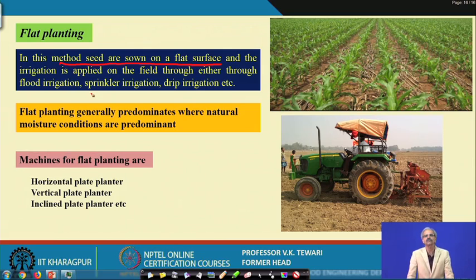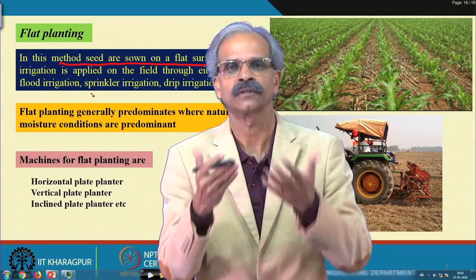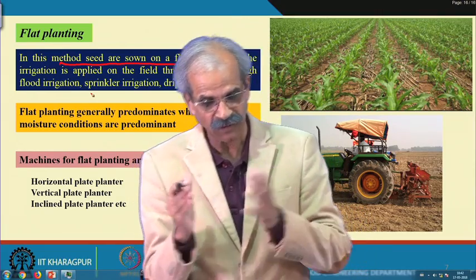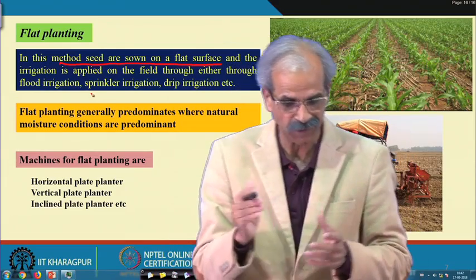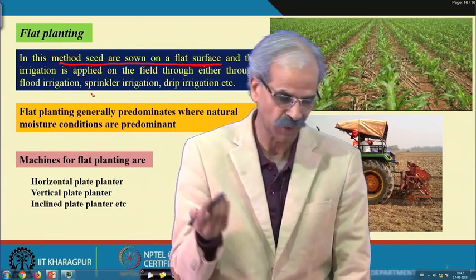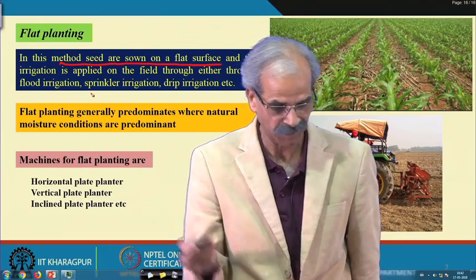Now, it is very important that when you have sown these seeds and taken care of the depth of operation, the location of the fertilizer if it is being used, and the places so that you can do interculture operation, you should also think of how you will irrigate, because a time will come when you would like to irrigate the plants and give a certain amount of water. So, this type of planting will help you in giving the irrigation, whether flood, sprinkler or whatever.